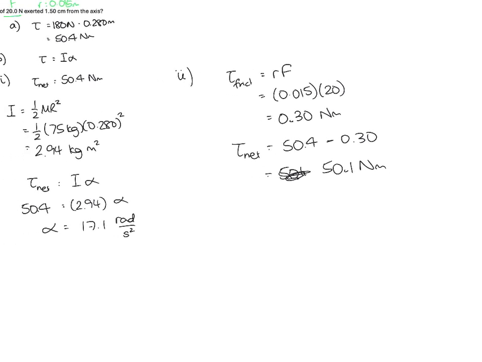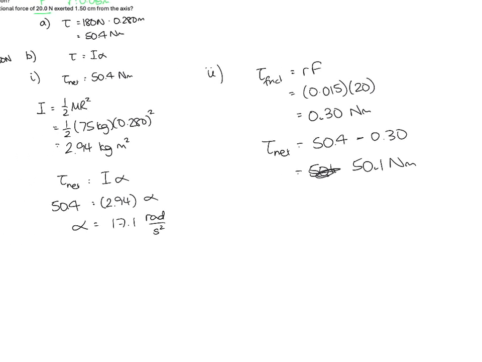If it's 50.1 Newton meters, then I can plug it straight back into this equation. So I alpha is 50.1. It's not going to make a huge difference. 2.94, alpha is 50.1. So the angular acceleration here is 17.0 radians per second squared.